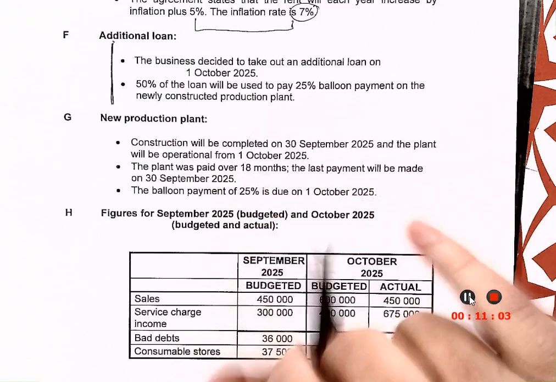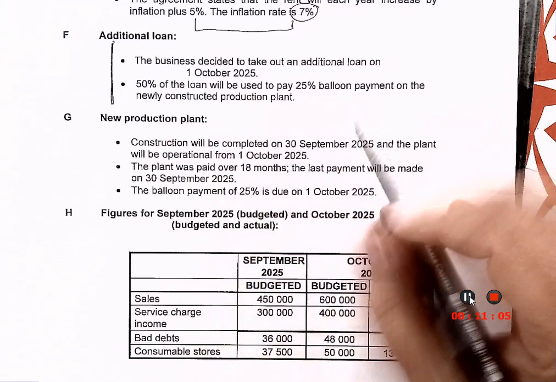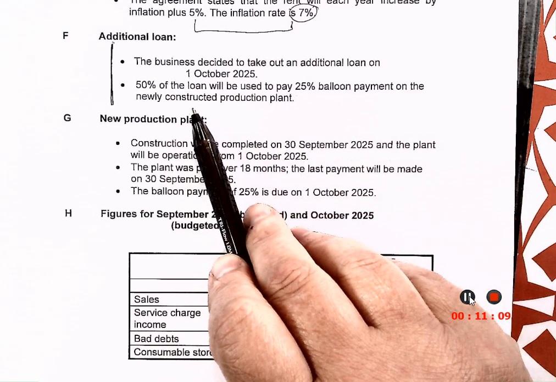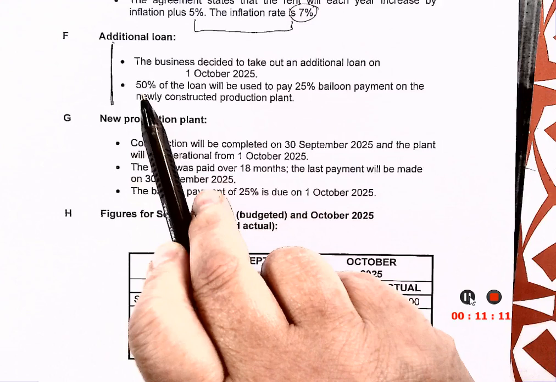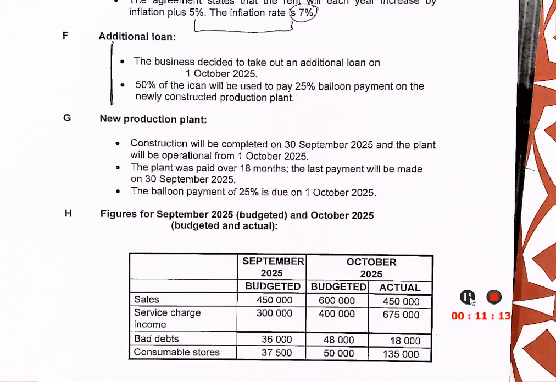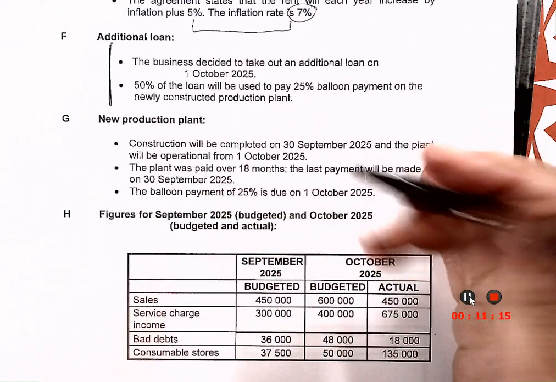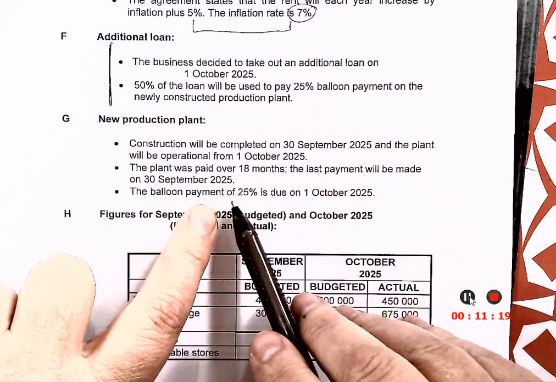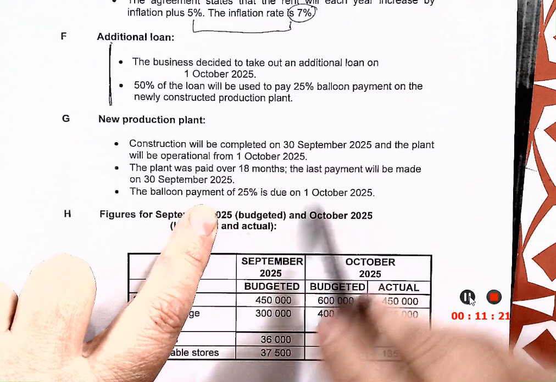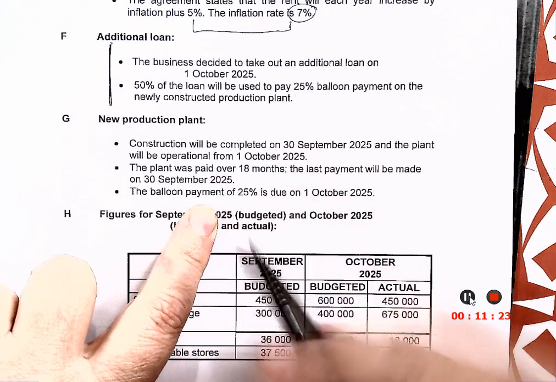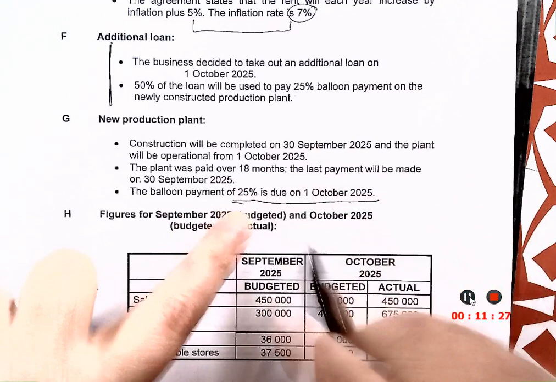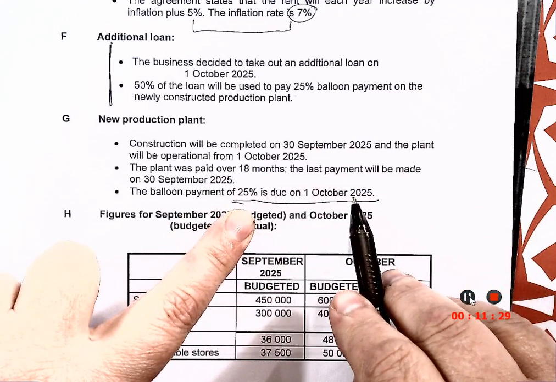So I need to get the 25% of the construction, then I know that 25% is 50% of the loan. Then I times it with 2. They say construction will complete, blah, blah, blah. They do not tell me how much. They only tell me a balloon payment of 25% is due on the 1st of October.